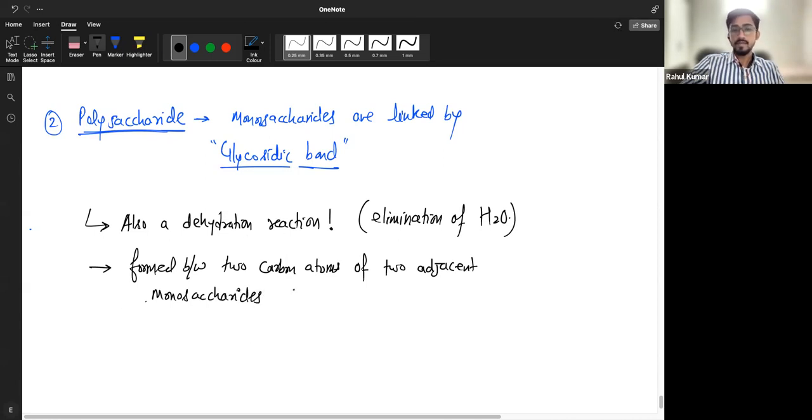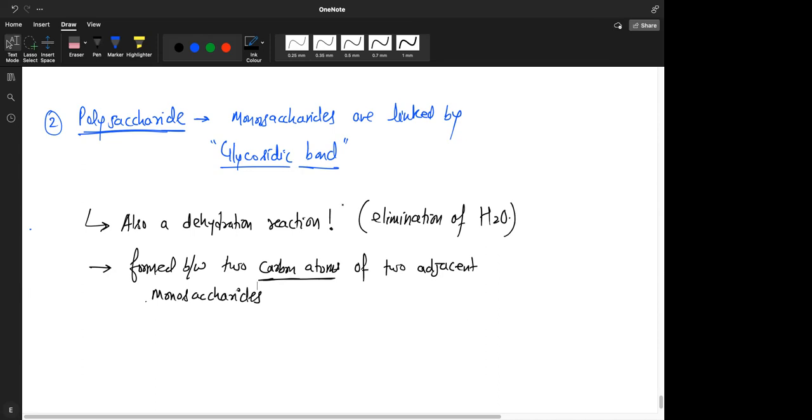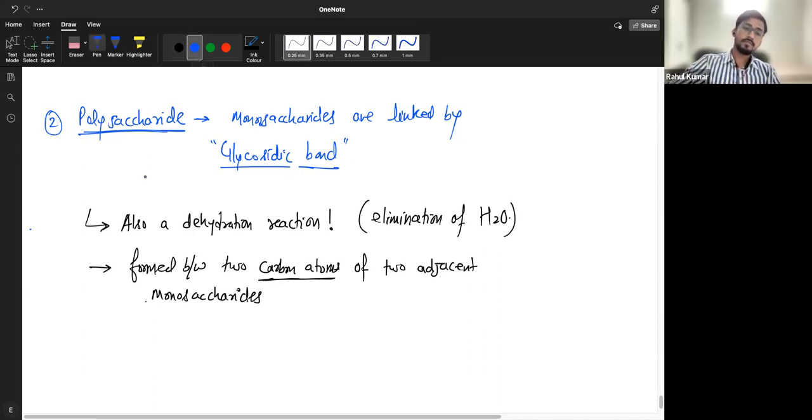So the difference is it is happening between two carbon atoms. Peptide was happening between one carbon and one nitrogen. Is it clear? Yes, sir. So that's the difference that you have to remember. Written?